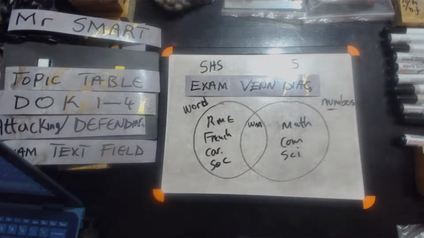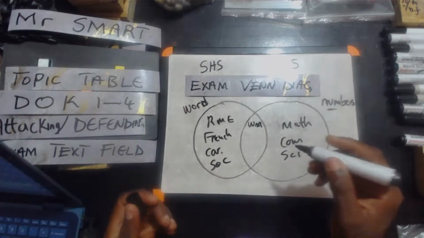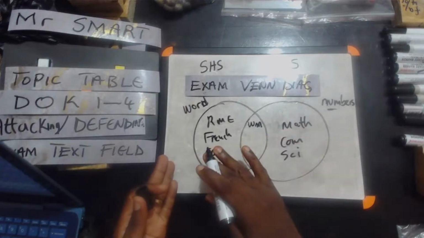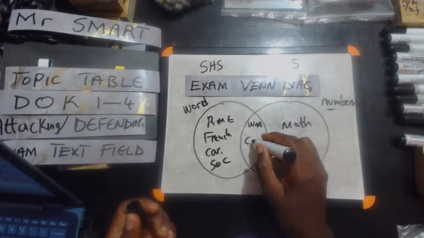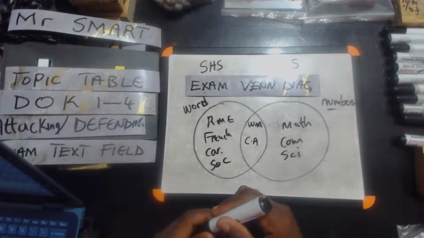And then we have creative art. So where will you put creative art? Creative art contains a lot of, well, it's also a mixture of words and number. I think I'll put creative arts here.